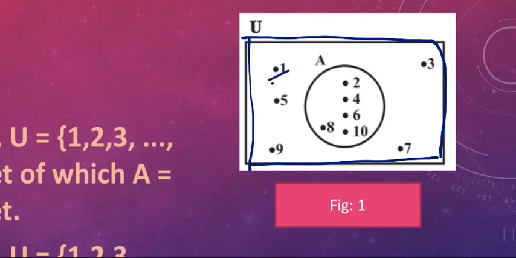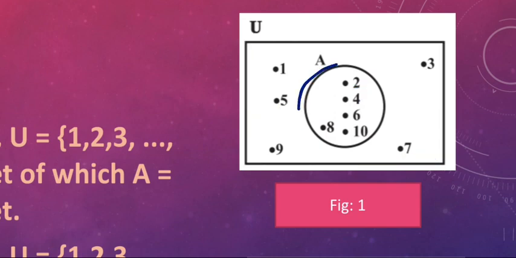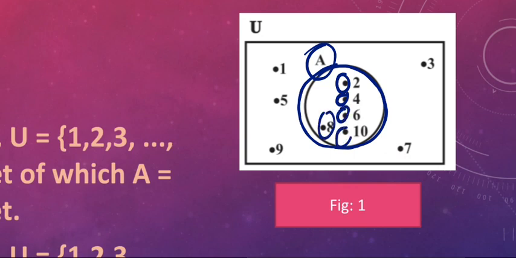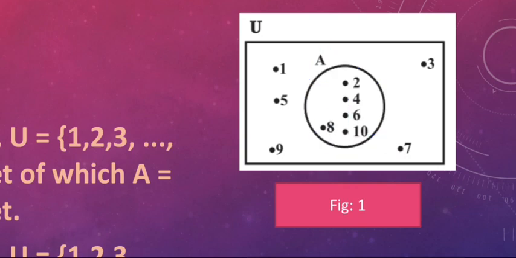All these elements 1, 2, 3, 4, 5, 6 belong to the universal set. This circle represents the subset A which contains 2, 4, 6, 8 and 10. This diagram is called a Venn diagram and it represents the universal set which contains a subset A, and A contains 2, 4, 6, 8, 10.